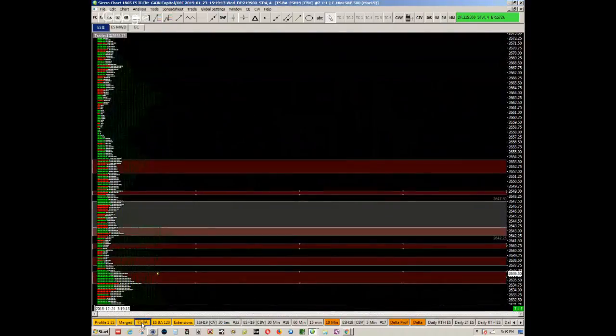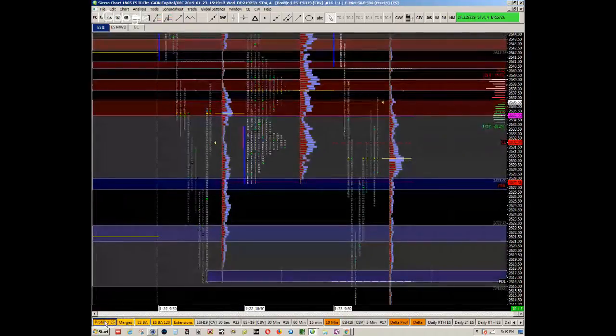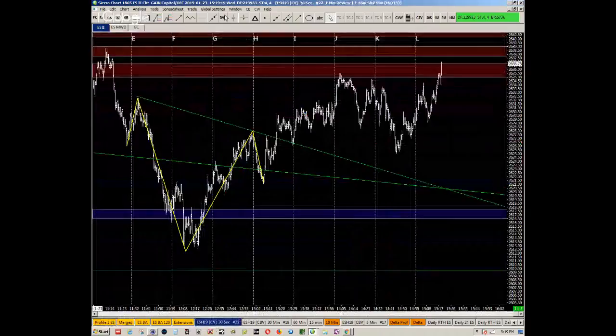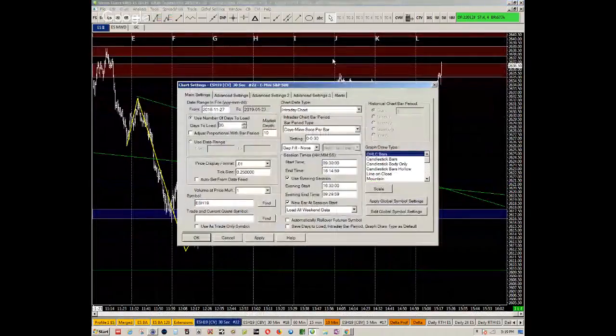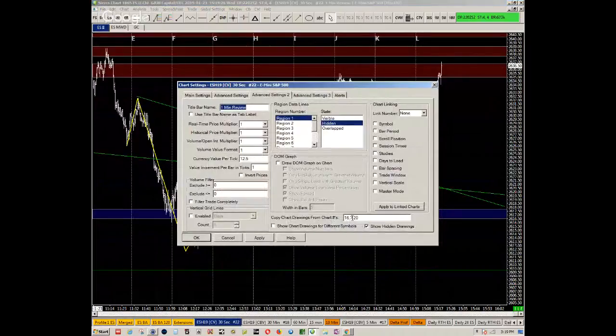Okay, so this is number 7. I'll go to the 30-second chart. I'm going to put it on there. I've had this problem and I wasn't sure why they were not showing. Maybe it's because of the order it's in.